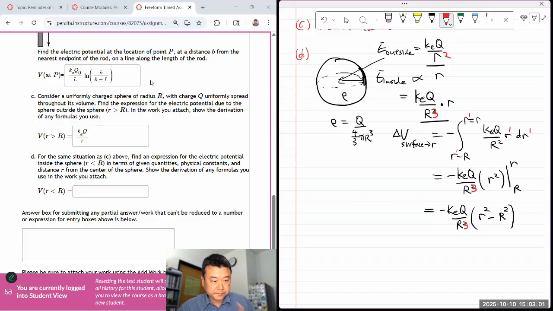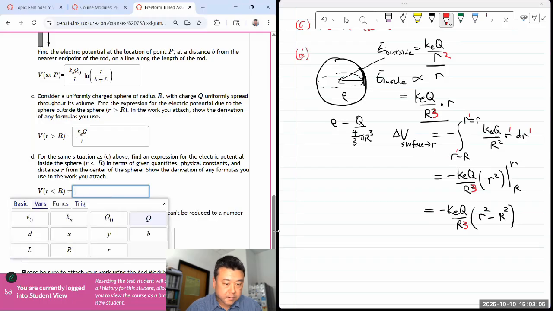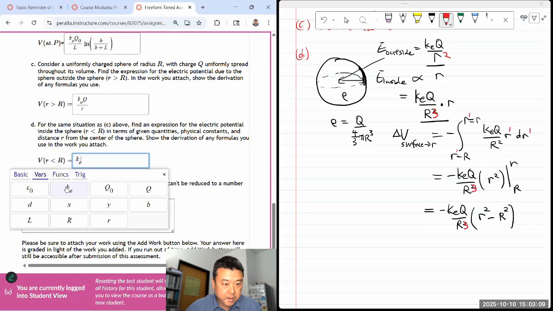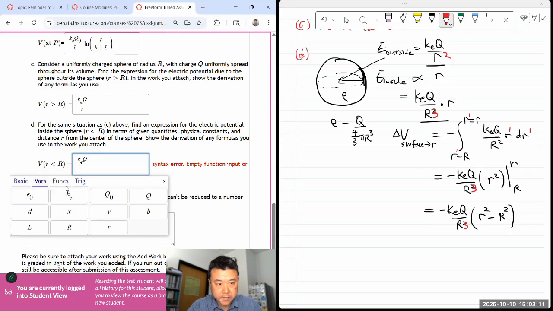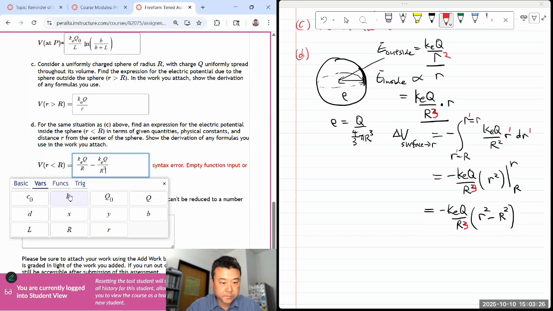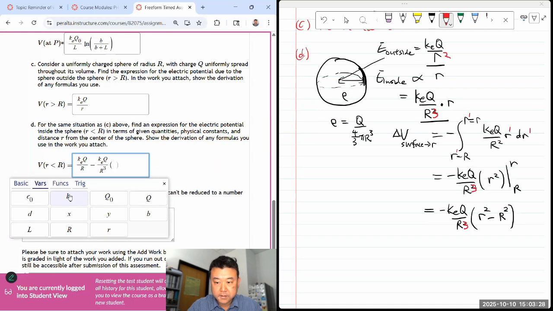So inside the sphere, it should look like this. Let me make sure I have more than a minute. This is the voltage at the surface, and now I'm typing the difference: minus kq over R to the third power, and then r squared minus R squared.